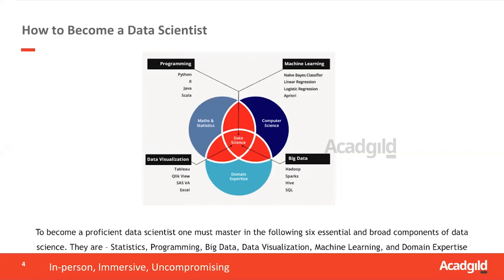Once you have understanding about the domain, the next step would be understanding the statistics or mathematics part of it. When you understand the business problem, you have to convert it to a statistical or mathematical problem. While converting it, you will be fitting the problem to one of the distributions statistically, if it is present.